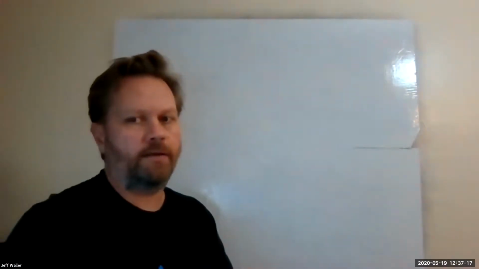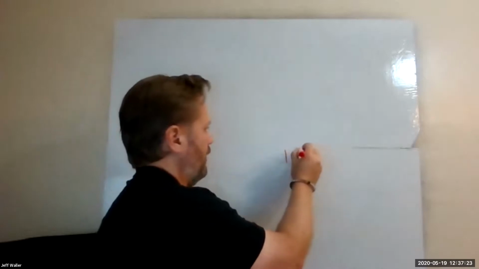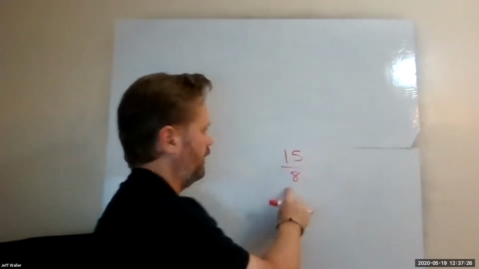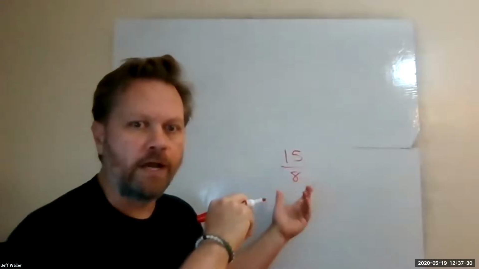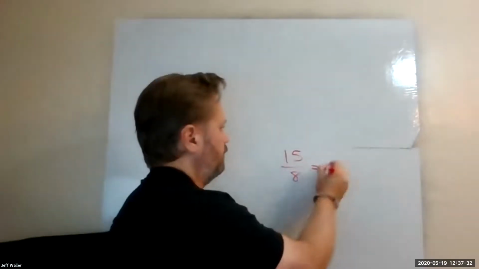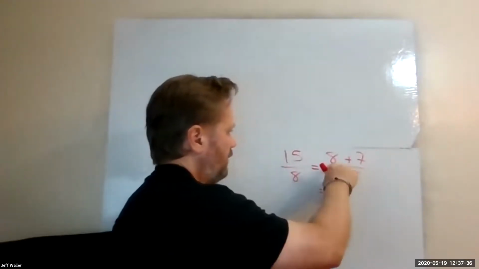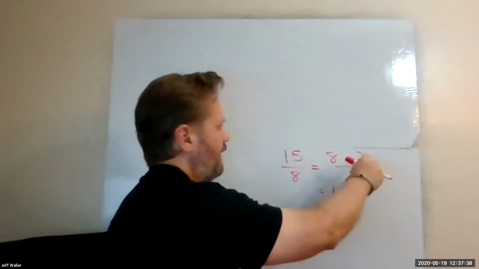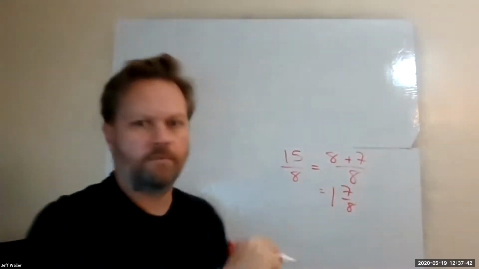I'm not going to belabor this, but I really hope some of you realize it is a lot like if I ask you to write this as a mixed number. Right now it's an improper fraction. I can write this as 8 plus 7 over 8, and then 8 divided by 8 is 1, and I can't do 7 divided by 8, so it stays.